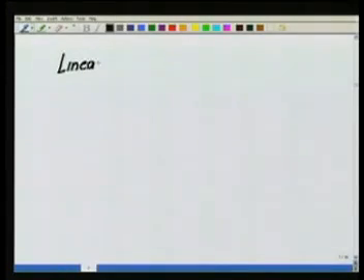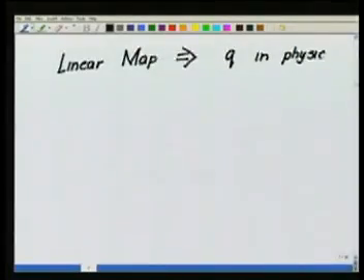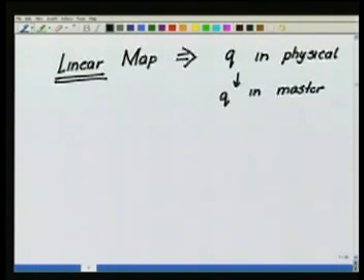Okay. Now since this is a linear map, it also implies that a polynomial of order q in the physical element remains a polynomial of order q in the master element, because the mapping is linear. Remember that it's a linear map, that's why this is true.